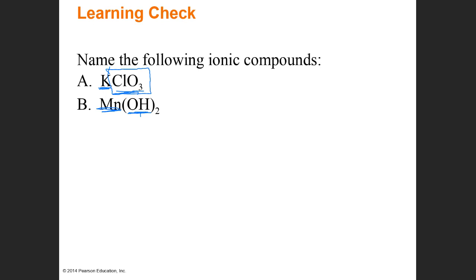You'll find that all the polyatomics except for one common one are going to be negative. The only one that's positive is NH4, ammonium. But all the other polyatomic ions will be negative.